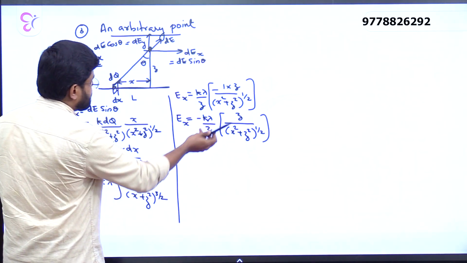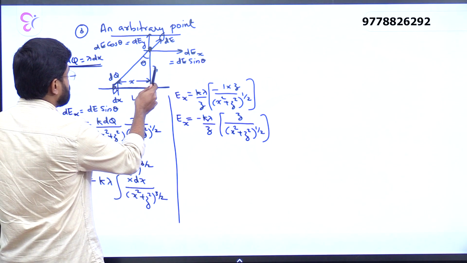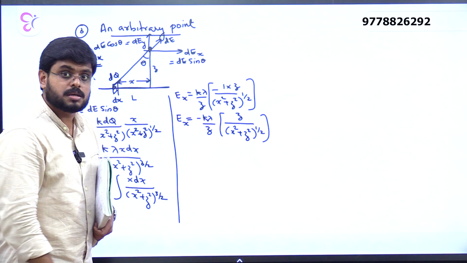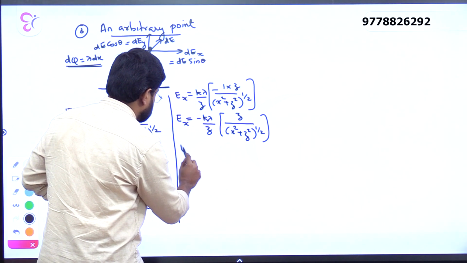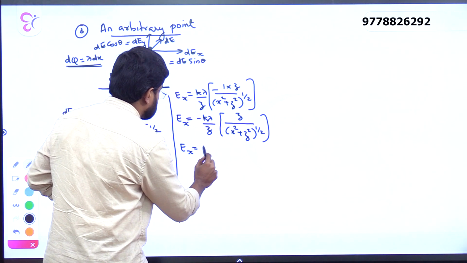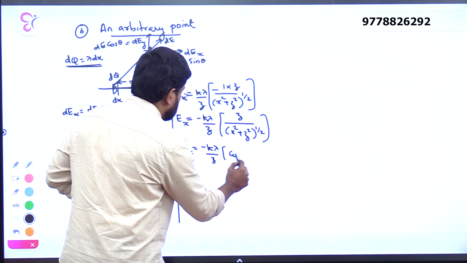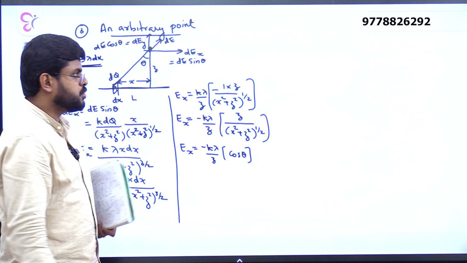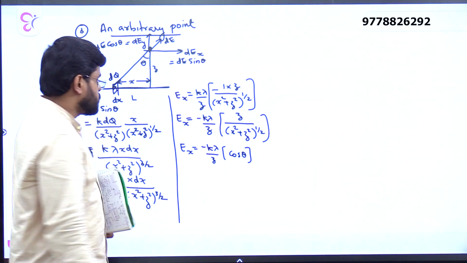What is this? z by root of x square plus z square. It is cos theta, isn't it? So Ex is equal to minus k lambda by z into cos theta. Is it clear?